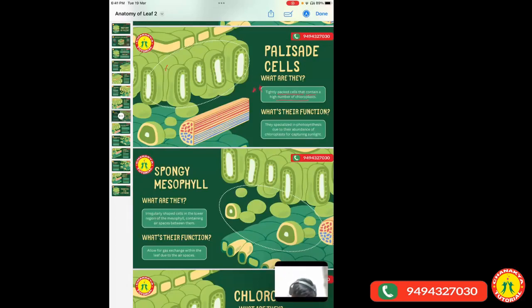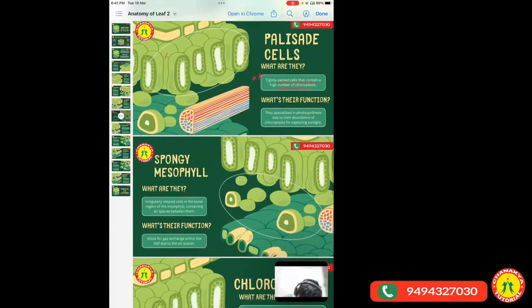If they ask you the difference between mesophyll and palisade, in the mesophyll the cells are loosely packed, but in the palisade the cells are tightly packed. In the mesophyll the number of chloroplasts is moderate, whereas in the palisade, as compared to the mesophyll, there is a high number of chloroplasts.